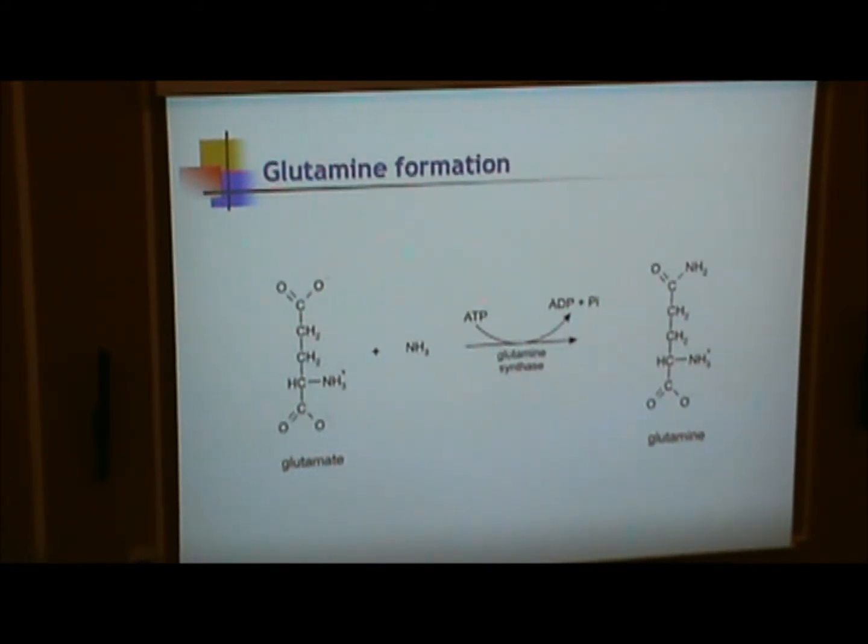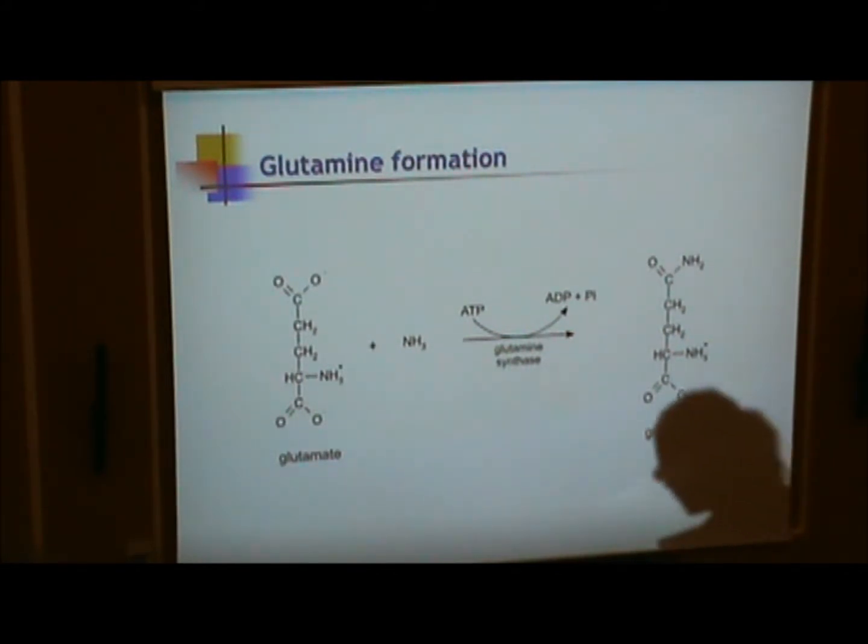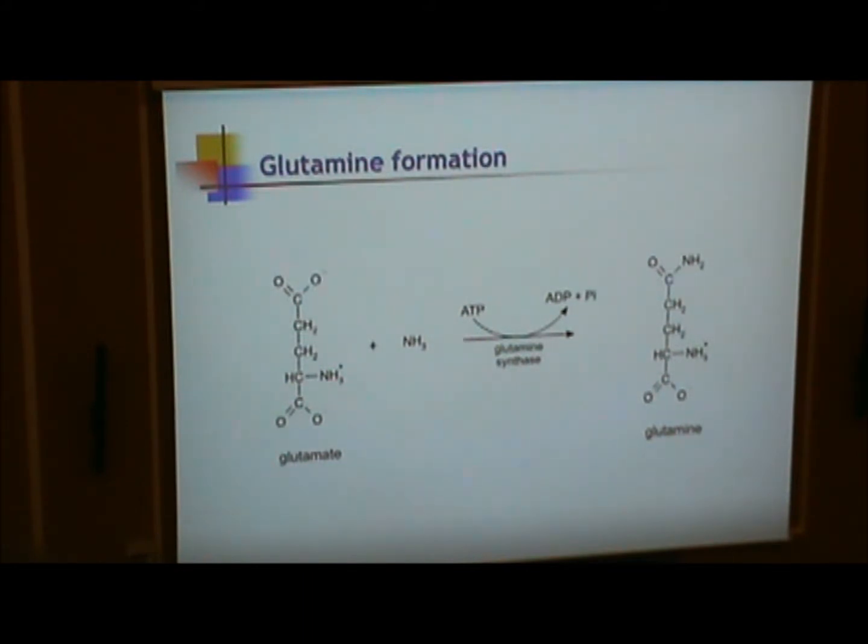Some amounts of ammonia interact with glutamate, producing glutamine. This is glutamate. It interacts with ammonia with participation of ATP as energy source. The ammonia is bound to the carboxylic group, forming glutamine.